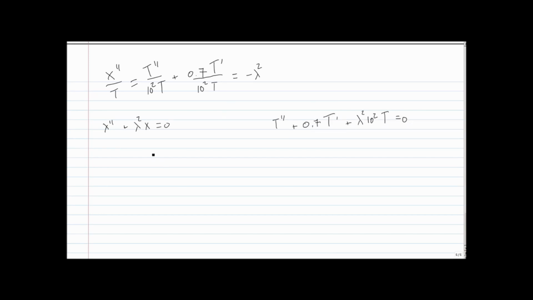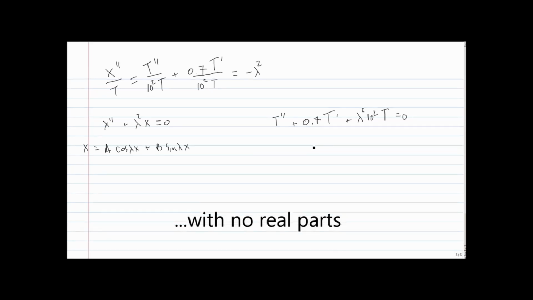Okay, so when you have an ordinary differential equation like this, from the characteristic equation you can see that the solution to this equation looks like this, because the roots of the characteristic equation are complex. For this equation over here, the characteristic equation looks like this.